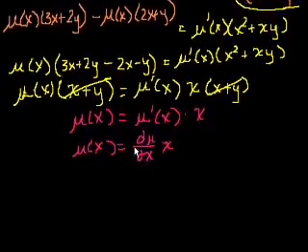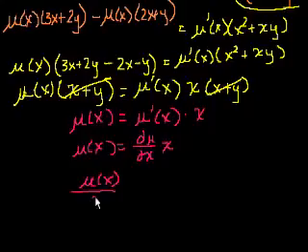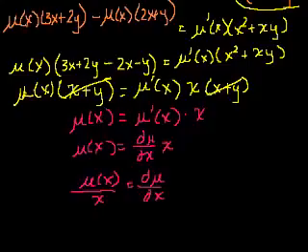And this is actually a separable differential equation in and of itself. This is kind of a sub-differential equation to solve our broader one. We're just trying to figure out the integrating factor right here. So let's divide both sides by x. We get mu over x is equal to d mu dx.